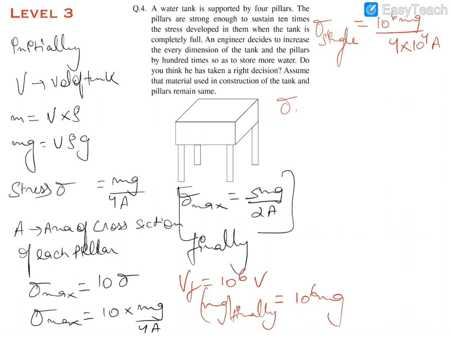So the sigma developed in a single pillar will be 10 to the power 2, which is 100, times mg by 4A. Here mg by 4A is the stress which was initially developed in the pillars, and the maximum stress is 5 mg by 2A.